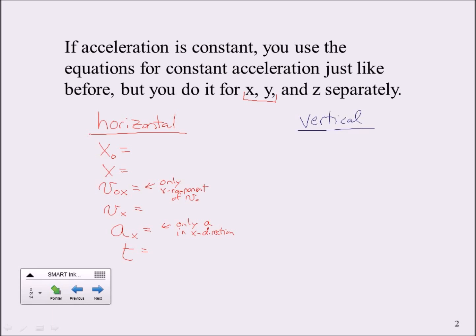Instead of the position along the x-axis, x0, we'll have the position along the y-axis, y0. So that's the initial height. We'll have the height at some later time t. Again, for the initial velocity, if we're looking at the vertical motion, all we care about is the y component of the initial velocity.